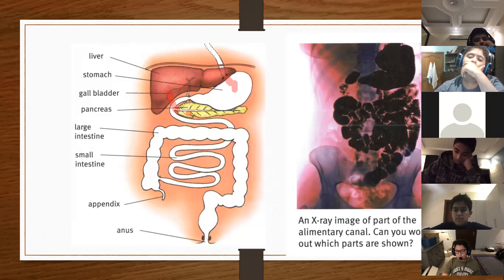The food that you have taken in, the digestion is completed in that part. You have completely digested all the elements, and the absorption of the nutrients also takes place in this stage. And when it goes to the large intestine, only water and salts are going to be absorbed. Water and salts.